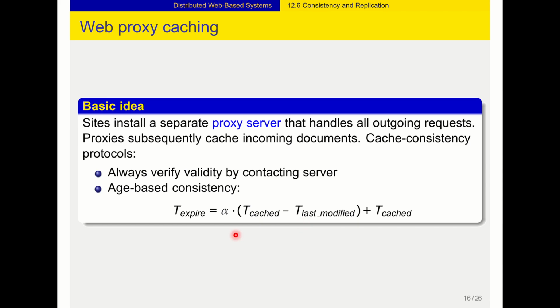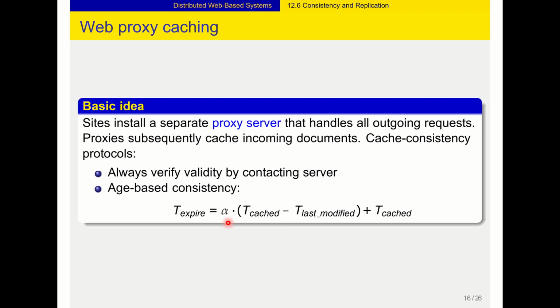The formula here estimates when a cached document expires by combining how old it is with how long since it was modified. T-cached means how long the document has sat in the cache, and this one is the last modified time, to ensure the freshness of the documents.